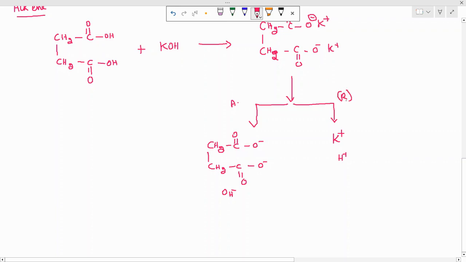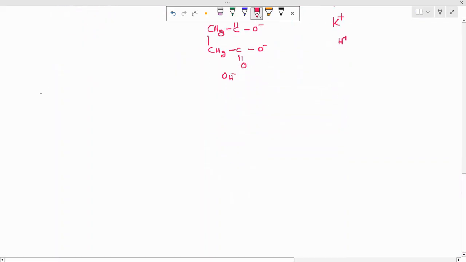That's why I'm going to oxidize the carboxylate part, that is CH2 C double bond O O minus, and then CH2 C double bond O minus. First it will be converted into the corresponding carboxylate radical.